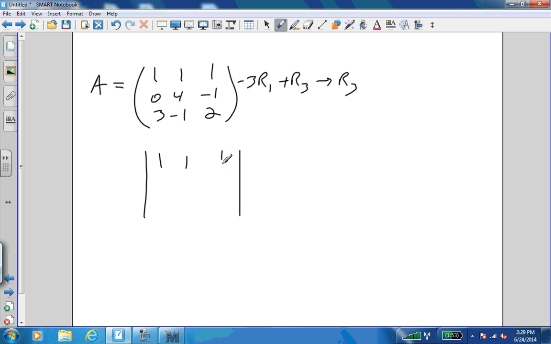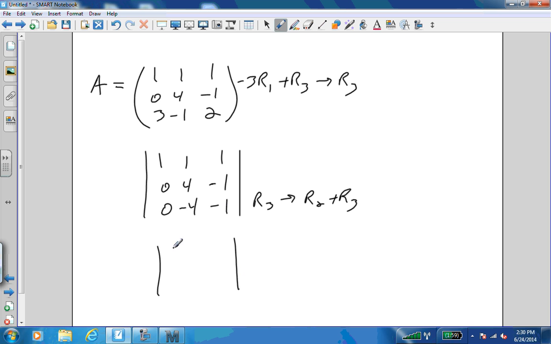So we have 1, 1, 1, 0, 4, negative 1, and for row 3: negative 3 plus 3 is 0, negative 3 minus 1 is negative 4, negative 3 plus 2 is negative 1. We can get a 0 here easily enough, so let R3 become R2 plus R3.